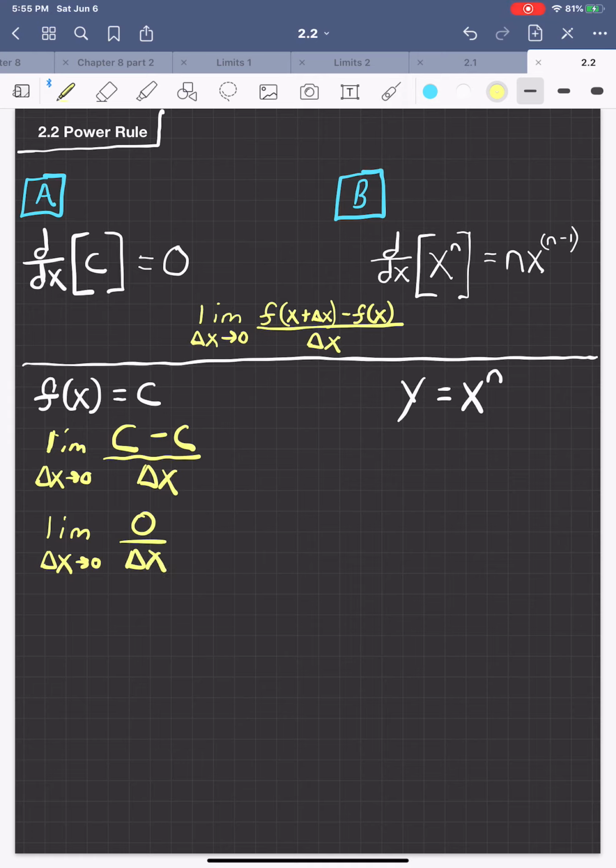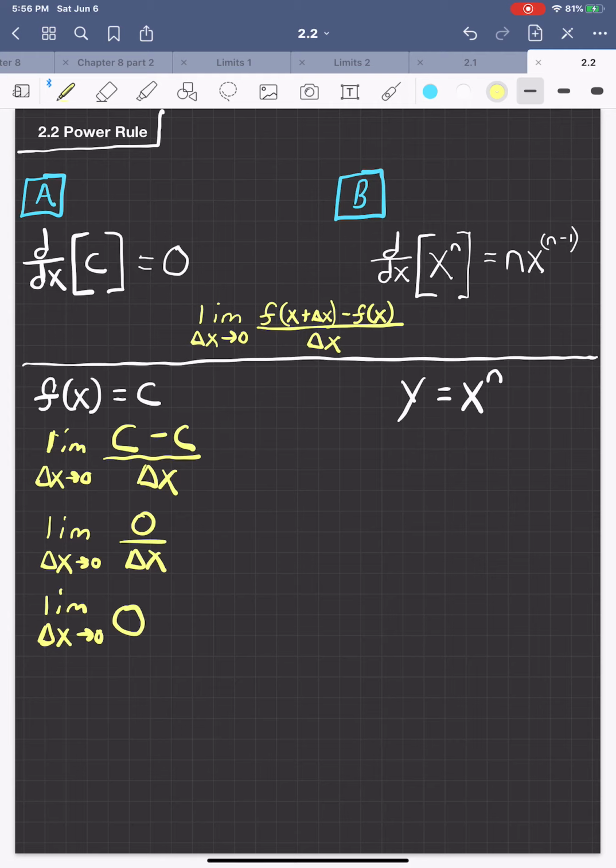Now, the key here is that you want to evaluate the limit, meaning plug in the limit after you've simplified your problem. So 0 divided by some non-zero constant, delta x, just means we have the limit as delta x approaches 0 of the constant 0, right?